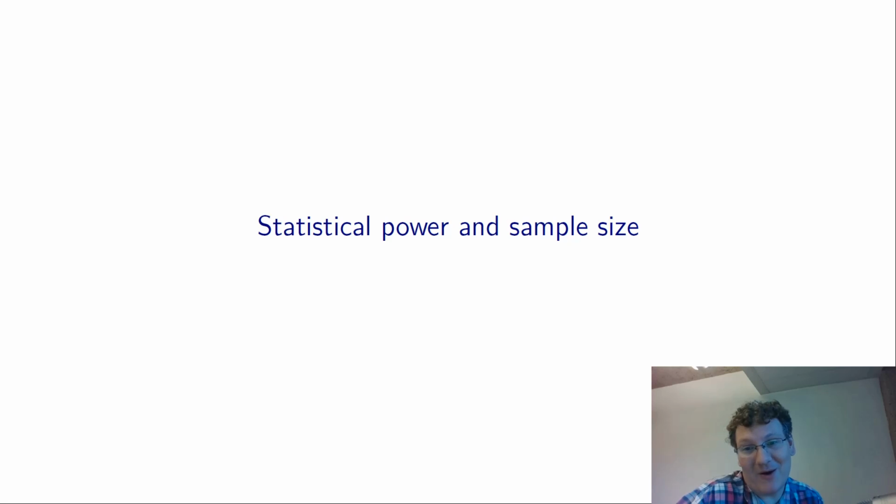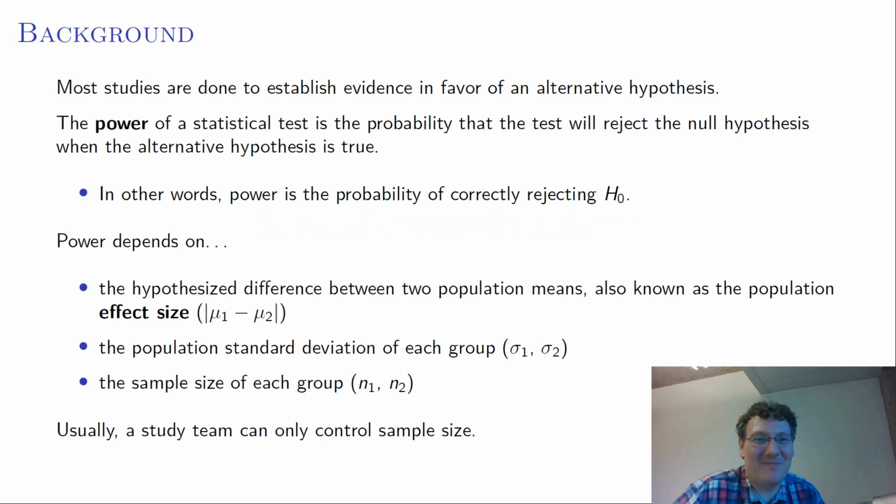Let's talk about power and sample size. We'll get into power in more depth. So the power of a statistical test is the probability that the test will reject the null hypothesis when the alternative hypothesis is true.